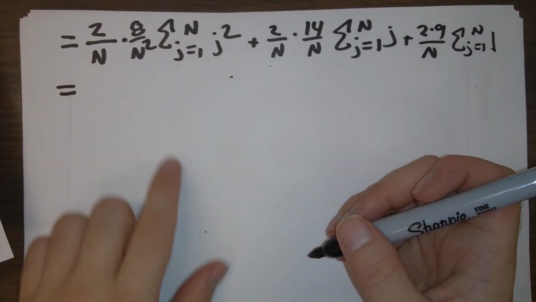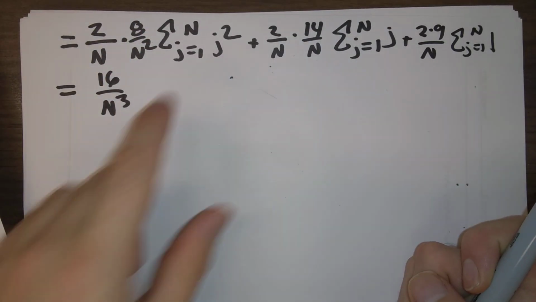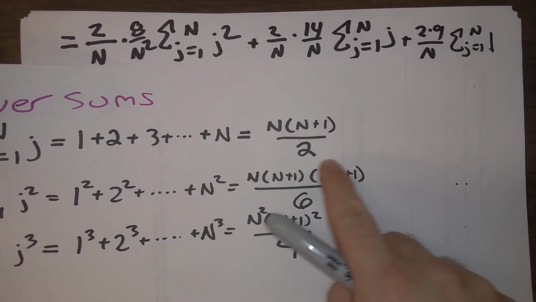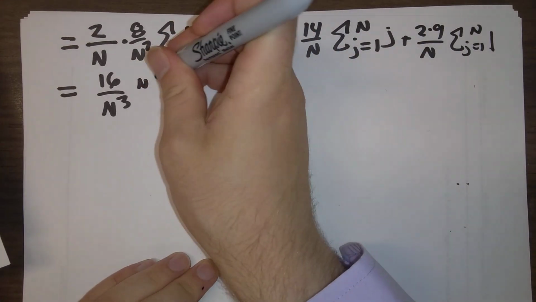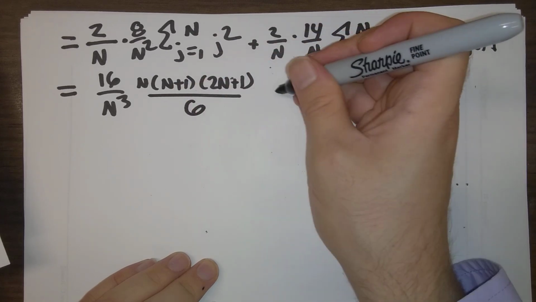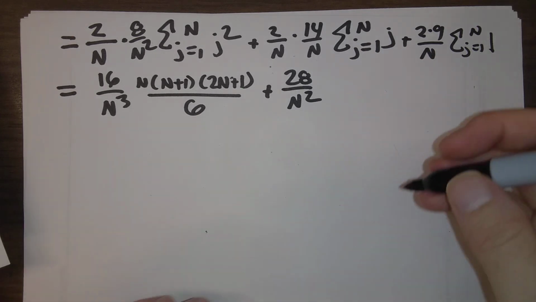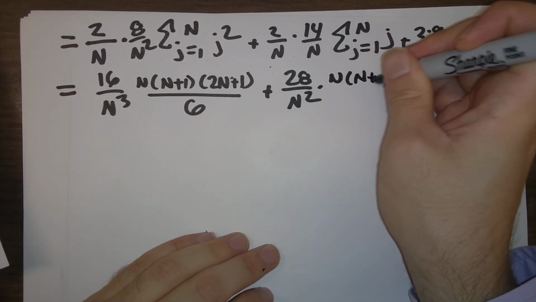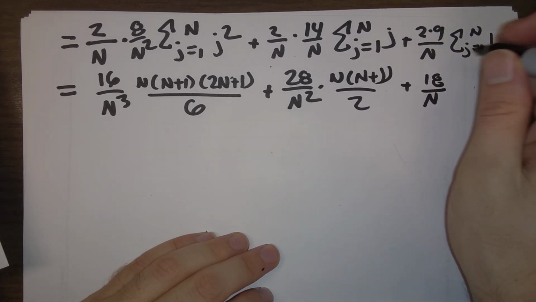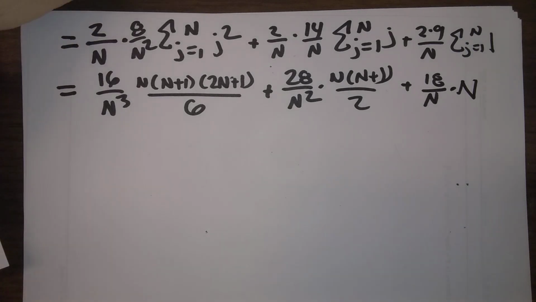So what do we end up with here? 16 over n cubed times the sum of j squared. Where's our power sum rule? It's this one right here. So n times n plus 1 times 2n plus 1 over 6, plus 28 over n squared. The sum of the j's is n times n plus 1 over 2. And plus 18 over n, and we're just summing up 1, n times, that's n. So what simplifies here?